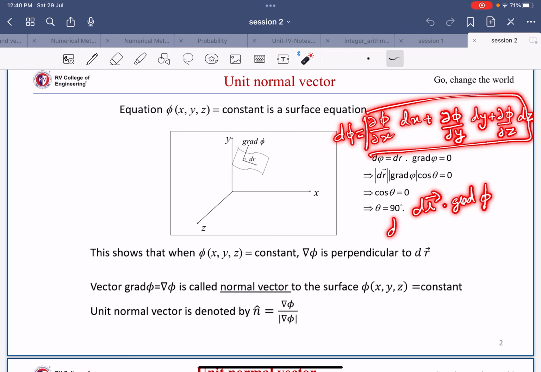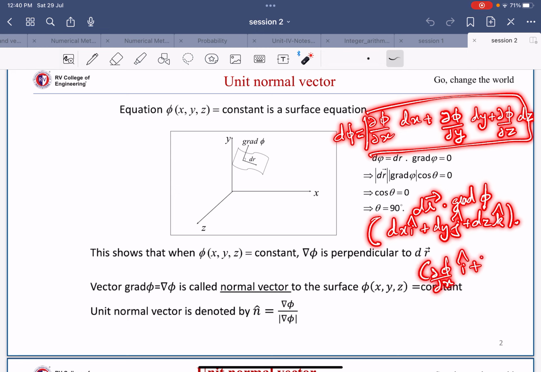because dr is dx i cap plus dy j cap plus dz k cap, dot grad phi, or gradient phi, which is dou phi by dou x i cap plus dou phi by dou y j cap plus dou phi by dou z k cap.